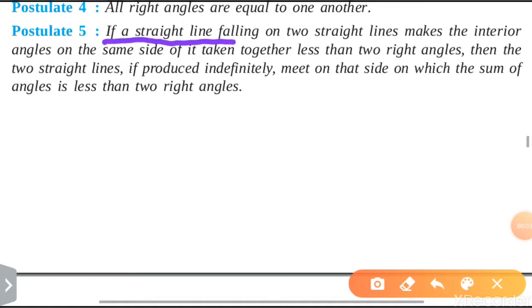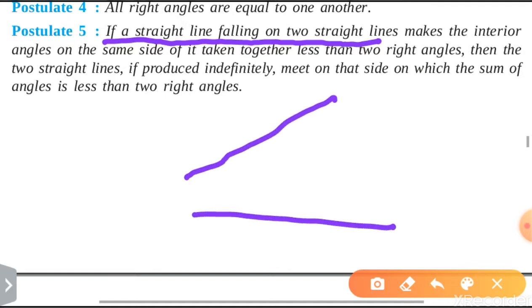If a straight line falling on two straight lines makes interior angles on the same side taken together less than two right angles... I am making the figure also. There are two straight lines, and one line is falling on these two straight lines.